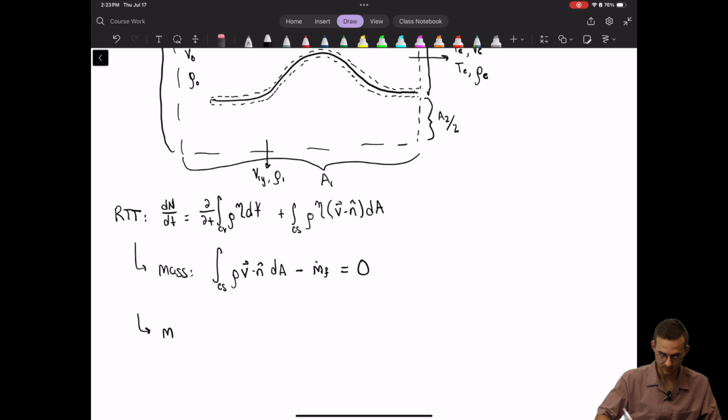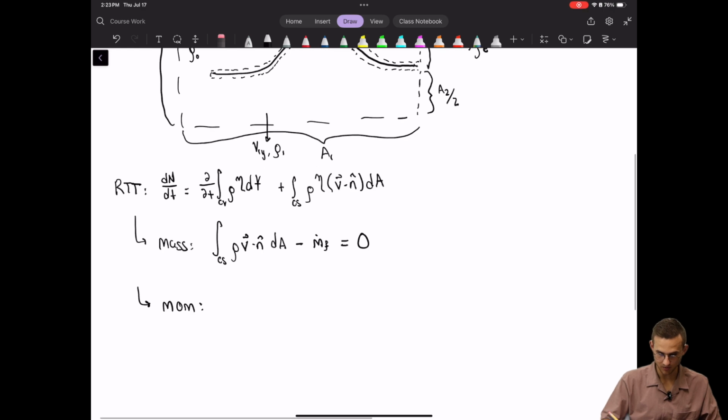In momentum, you have the left-hand side of the Reynolds transport theorem, that dN/dt becomes a sum of forces over the control volume. And in our case, what you end up with is just the pressure forces.